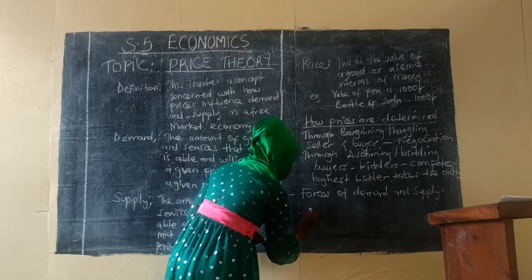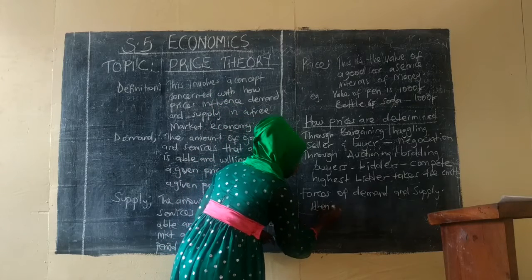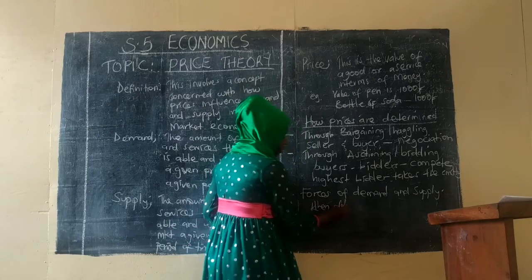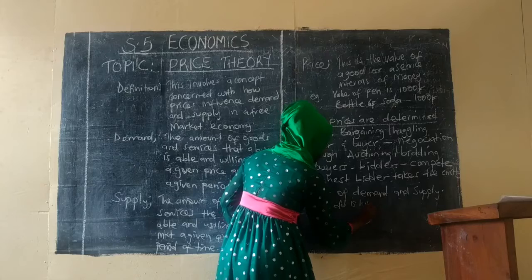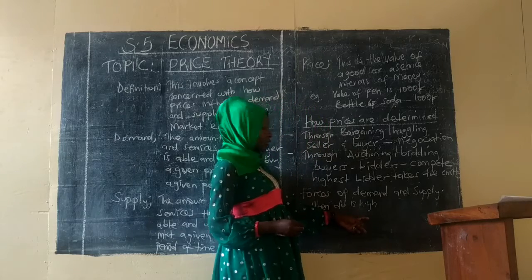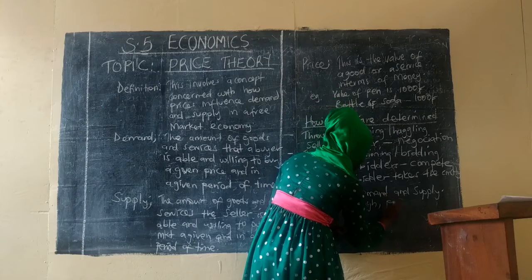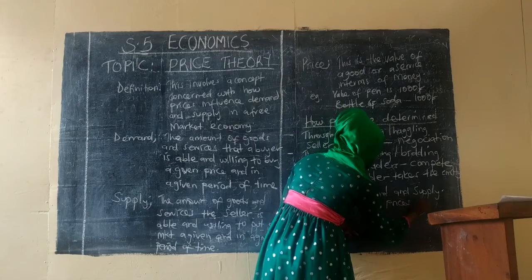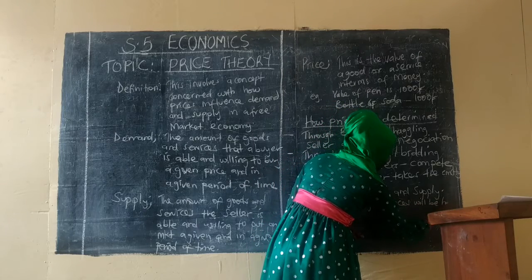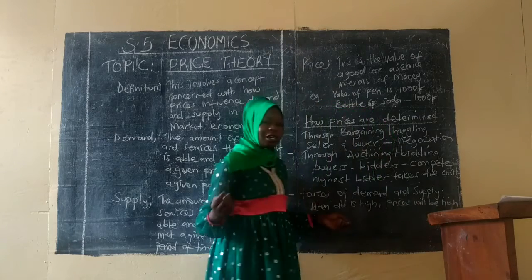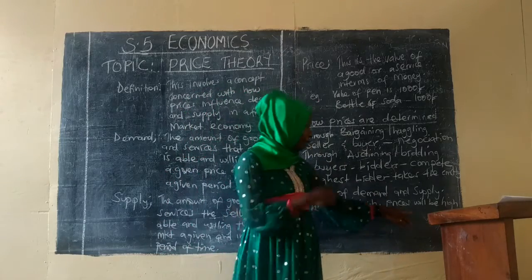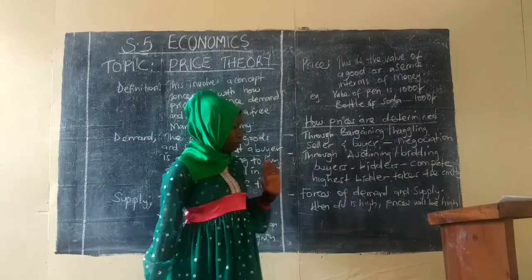Number one, when demand is high, because of the high demand, very many customers, the prices will also be high. I have very many customers, so I automatically increase the price of my goods.